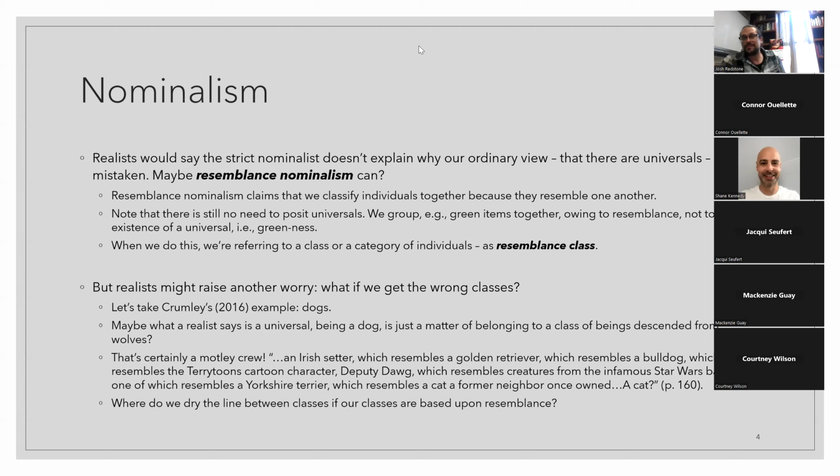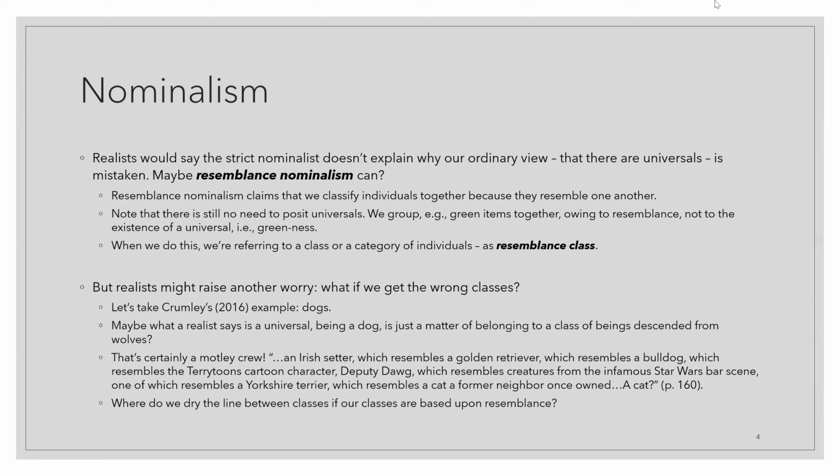Anyway, so we covered strict nominalism. Now let's cover resemblance nominalism. Now, when it comes to strict nominalism, a realist might protest. A realist might say, well, hey, hang on. Strict nominalism doesn't explain why our ordinary view, or our intuition, if everyone indeed shares this intuition, that there are universals is mistaken.